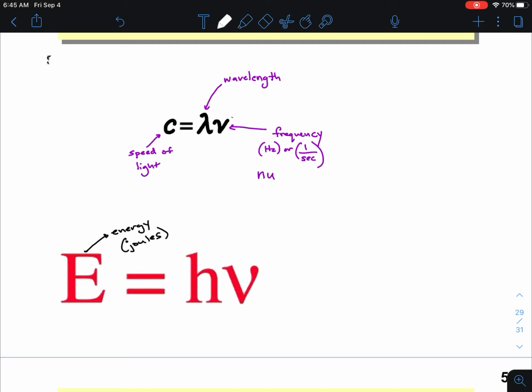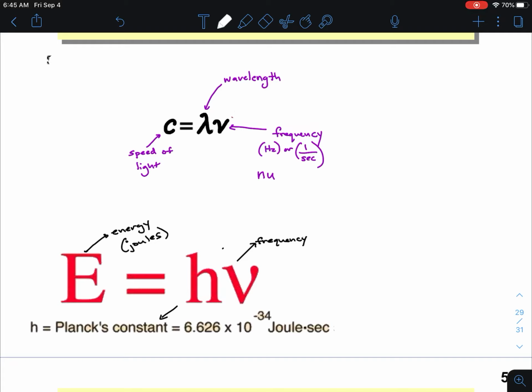That's just what energy is measured in. H is Planck's constant, 6.626 times 10 to the negative 34 joule-seconds. Make sure we remember how to use our exponents on the calculator.